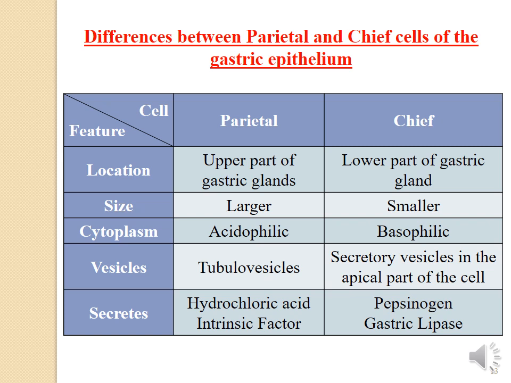It is also thought that intrinsic factor is stored within the tubular vesicles themselves. It is synthesized as any other factor by endoplasmic reticulum and Golgi, but it is stored inside tubular vesicles, and when these vesicles adhere to the cell membrane, intrinsic factor is released to the outside by exocytosis. So these are the main differences between parietal and chief cells of the gastric epithelium.